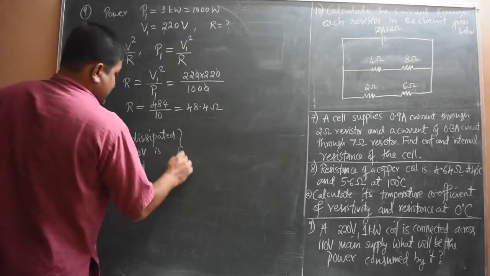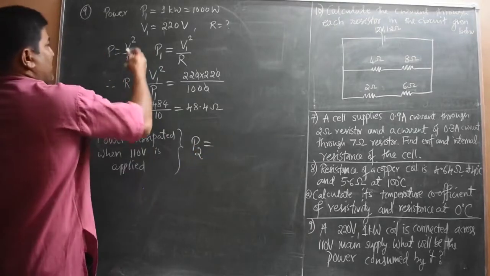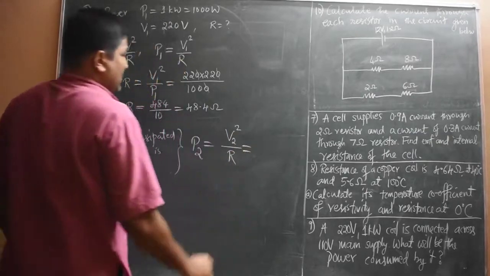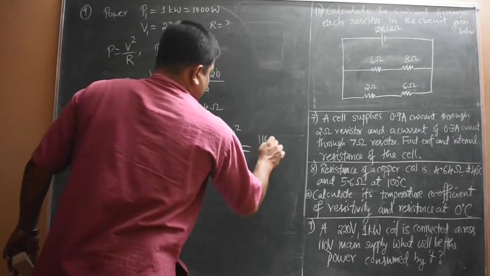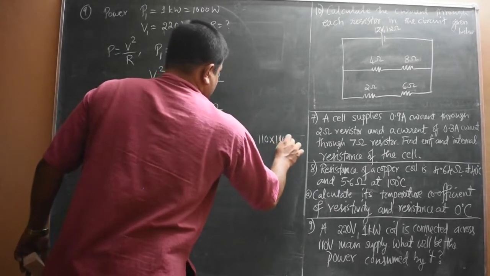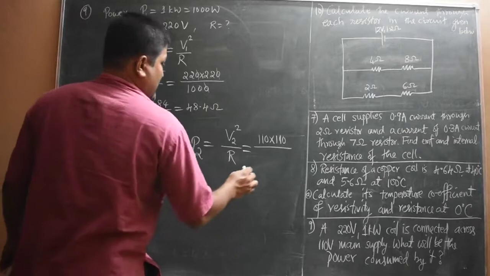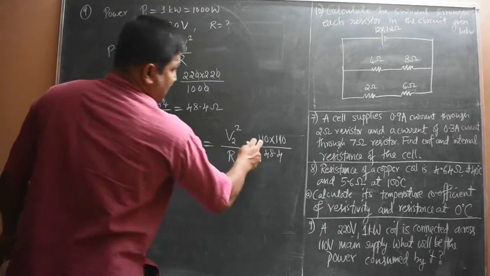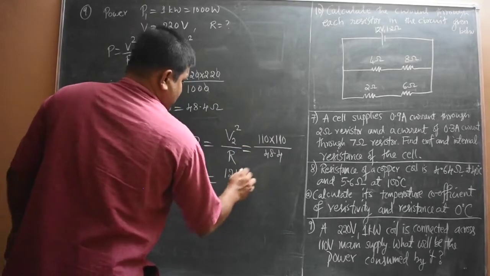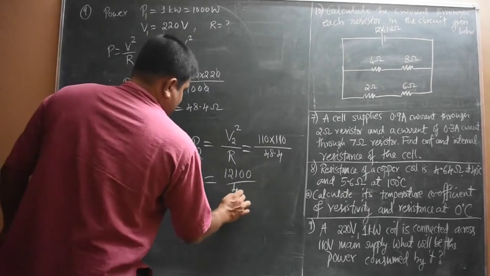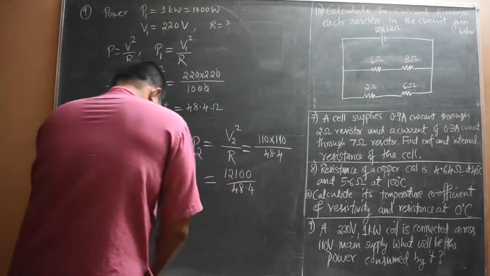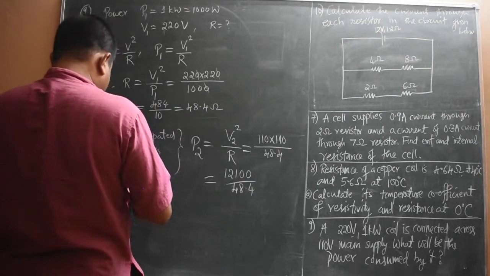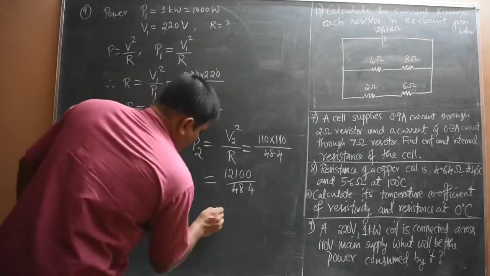P2 is, by the same formula, V2 square divided by R. The voltage applied in the second case is 110 volt, so 110 into 110 divided by the resistance 48.4. 11 into 11 is 121, then two zeros, or you can use a simple calculator. 12100 divided by 48.4 comes to exactly 250.